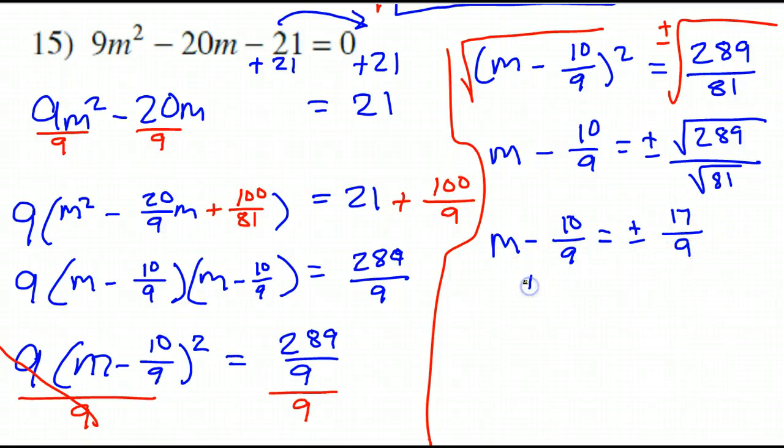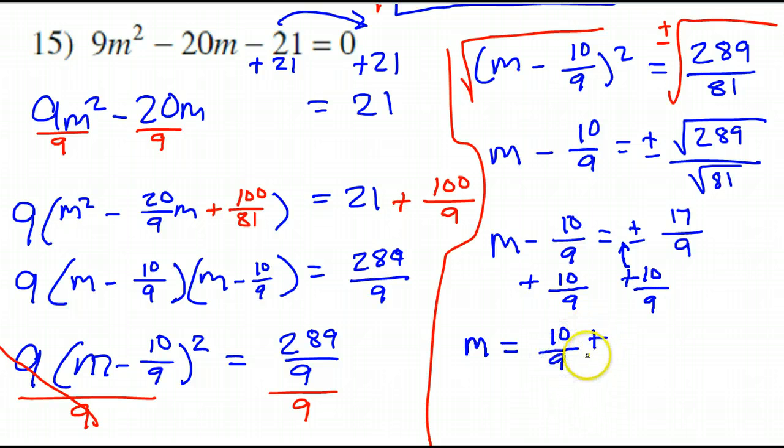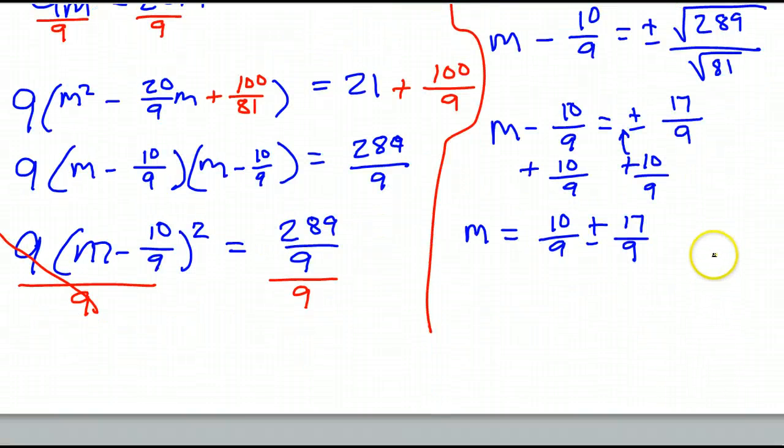Then we will add 10 over 9 to both sides. Let's put it in the front. So that's going to give me m equals 10 over 9 plus or minus 17 over 9. Please understand that is two separate answers.